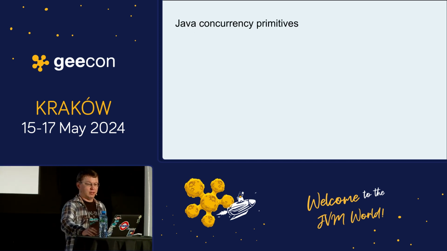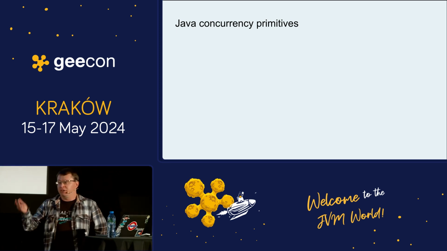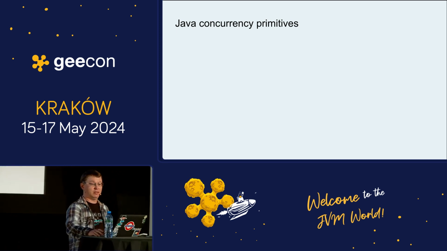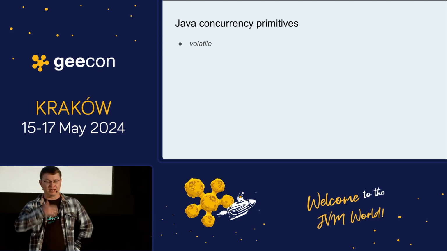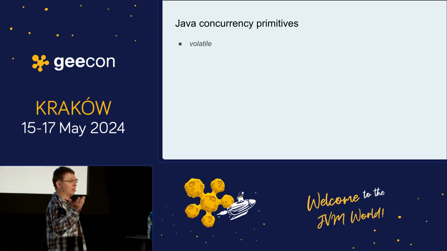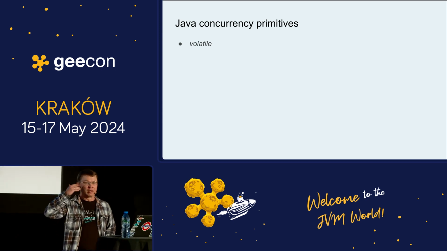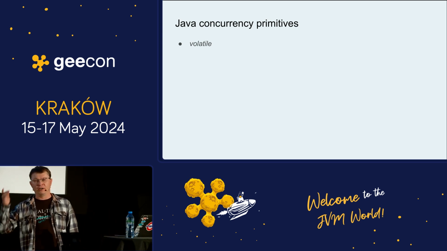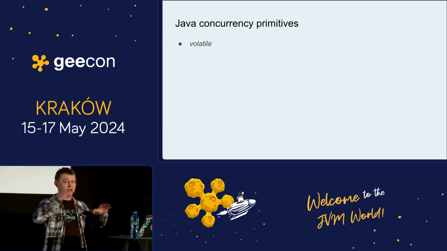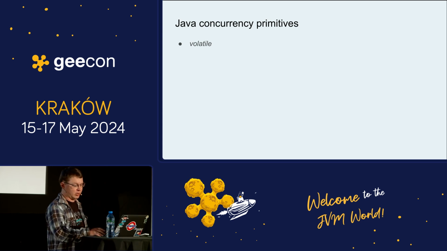Before we start, let's check what traditional concurrency primitives we have in Java. For example, volatile. Volatile is a very nice keyword that provides us a happens-before relationship, and this keyword is heavily utilized in Java internals for building more complex concurrent data structures.